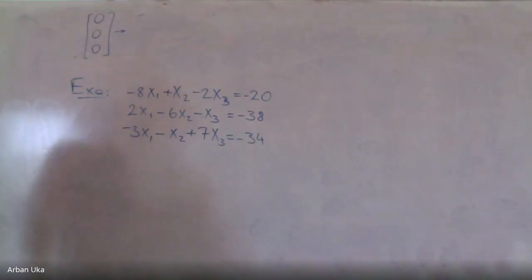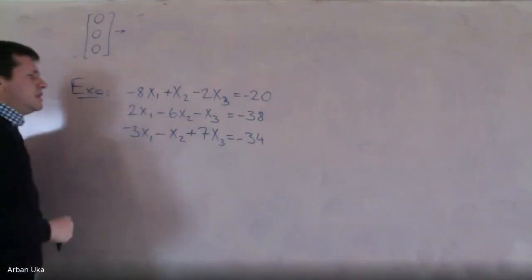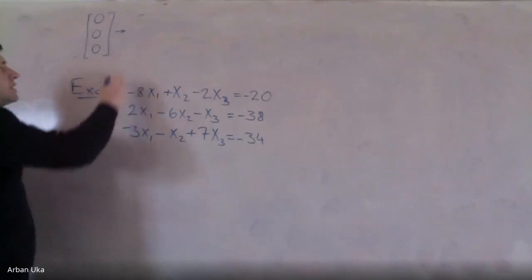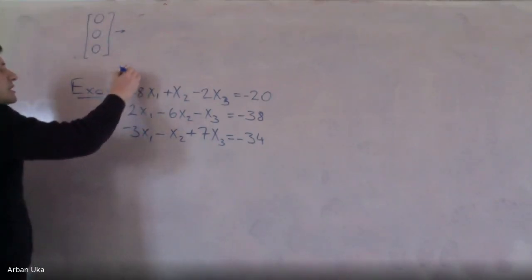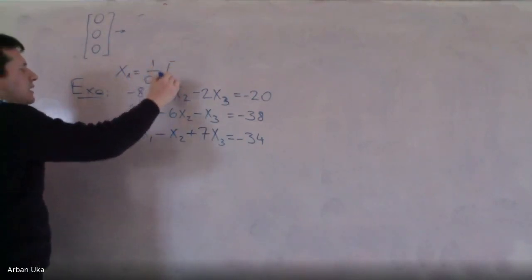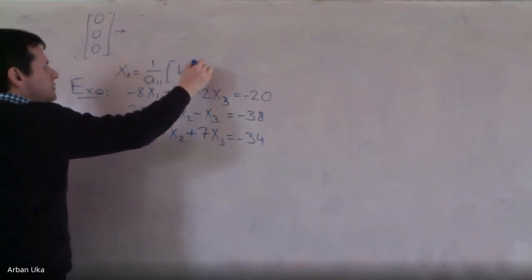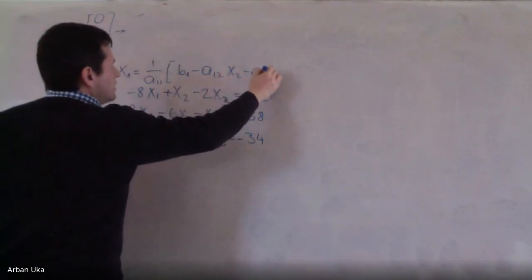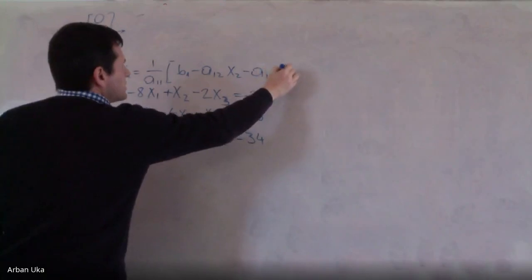And then we need to figure out what are the iterative equations that we're going to use. We know that all these equations are written like x1 is equal to 1 over a11 times b1 minus a12 x2 minus a13 x3, right?